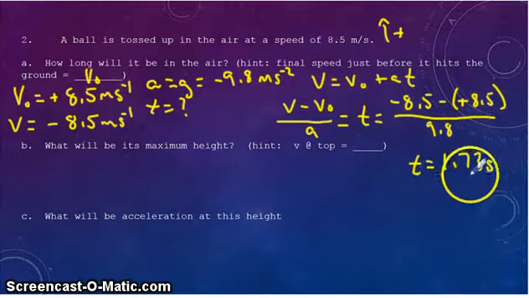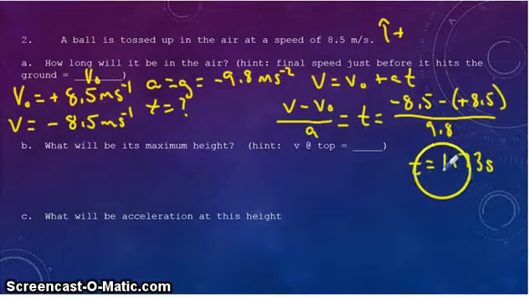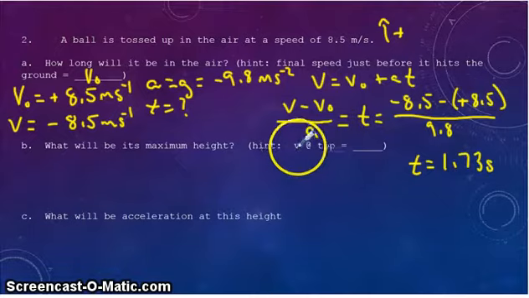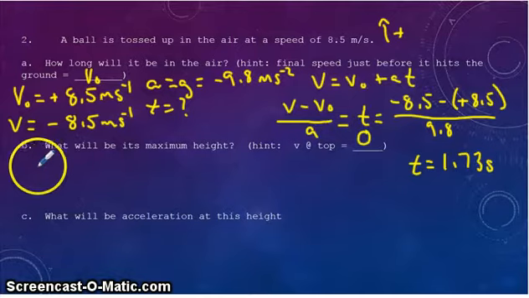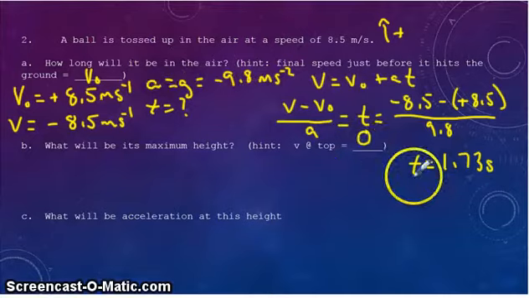Now if I wanted to find out how long it takes to get to the top, I could just cut that in half. If I want to know the maximum height, well, I know the speed at the top is 0. It's got to momentarily stop at the top. In order to figure out that maximum height, I could use the time, but I actually don't need to, because I know how fast it's going in the beginning, I know the acceleration, and I know the speed at the top.